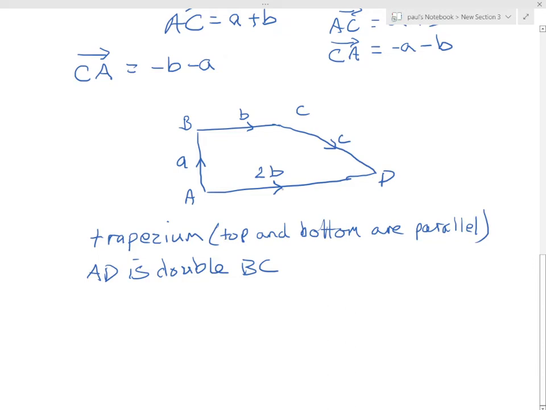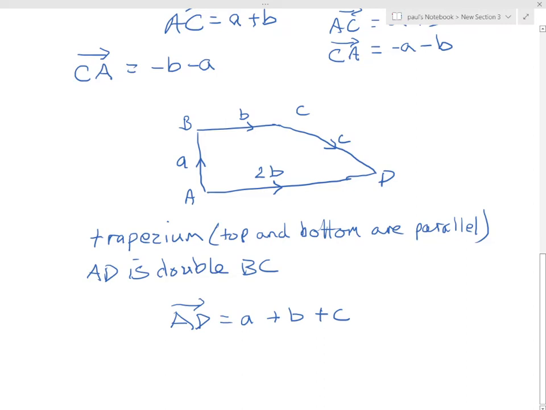Now, if we're going to go from A to D, so the vector A to D going in that direction, so we go up the A, along the B, and along the C. Yeah, adding.